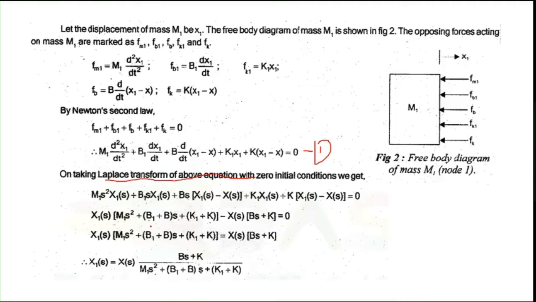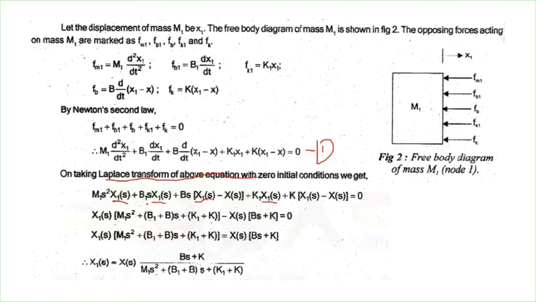Now the mathematical simplification steps. Take x1 of s common out of all these terms. What will be the terms? m1 s square plus b1 s, then b s is also there, then plus k1 plus k.